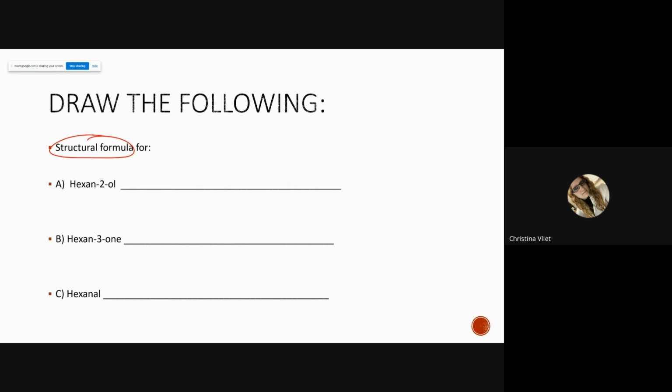You could start by doing the display and changing it to the structural. Or, pay attention, you could also do the skeletal first and change that to the structural until you figure out how to count the hydrogens properly. Hexan-2-ol. So what's the structure of that? I'm going to do the carbon backbone. How many carbons do I have?